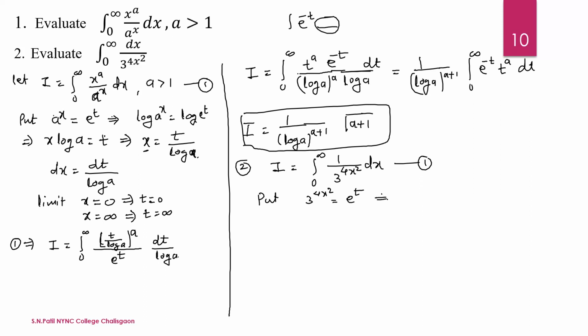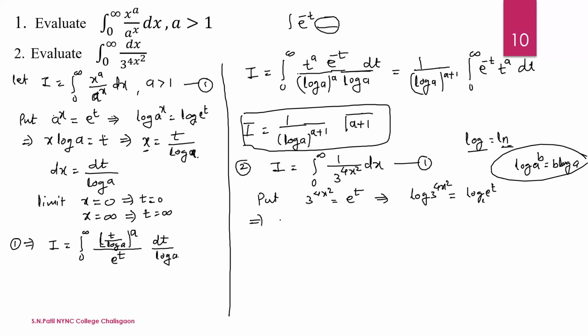Taking natural log on both sides, some authors write ln instead of log, and ln and log are the same. So here, taking the logarithmic function on both sides, we get log of 3 to the power 4x square and log of e to the power t, and here the base is e. So here simply t remains, and by the logarithmic property we know that log of a to the power b is b into log of a.